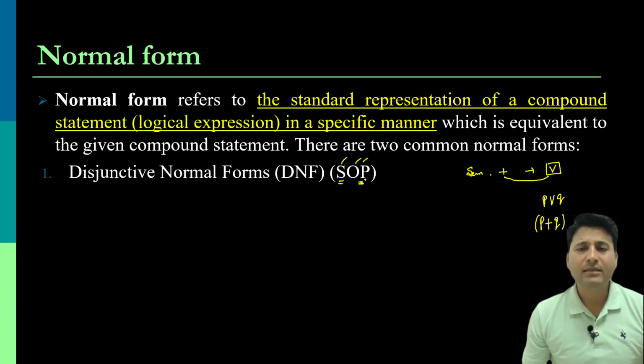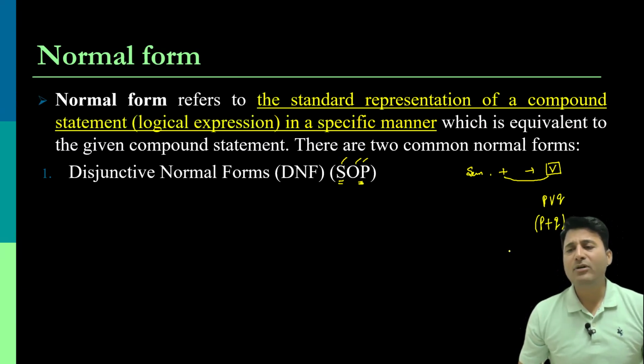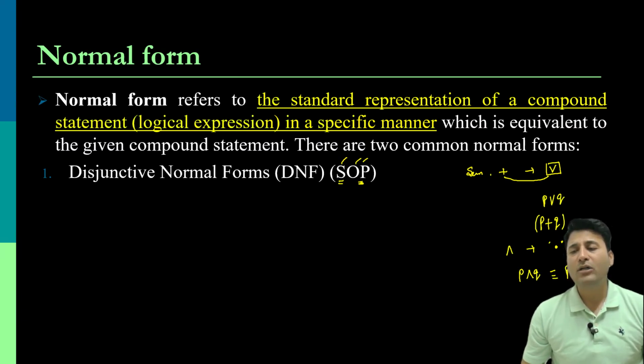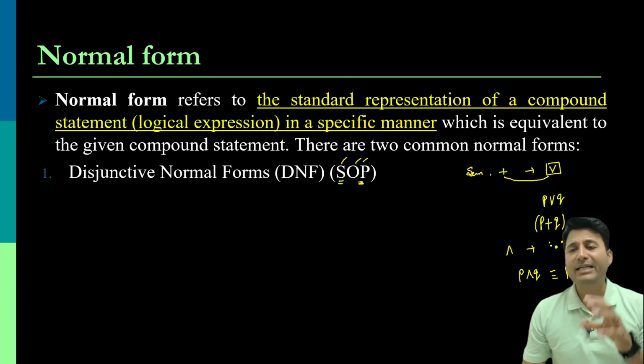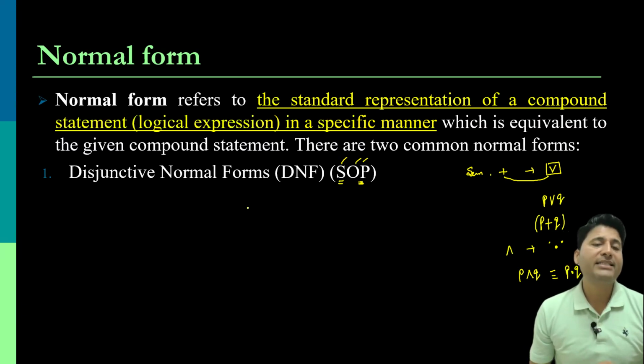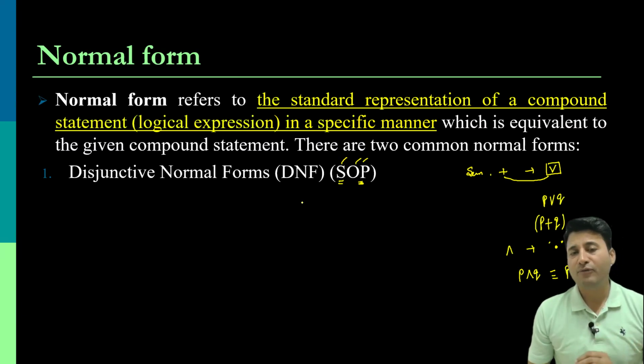Then the product. What does the product mean? The AND gate is denoted by the product sign, that is the dot. So in place of writing P and Q, we can write it as P dot Q. So a form where we have the sum of different products is called the disjunctive normal form or DNF.